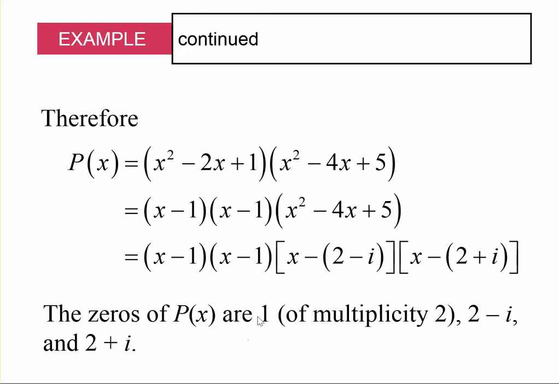What are my zeros? I have a 1, which has a multiplicity of 2, right? There's 2 of them. And then I have 2 minus i, 2 plus i. So there's my 4 zeros. Started off with x to the 4th. Counting multiplicities, I wind up with 4 zeros. And then I know I'm done. There's no other zeros left to find.